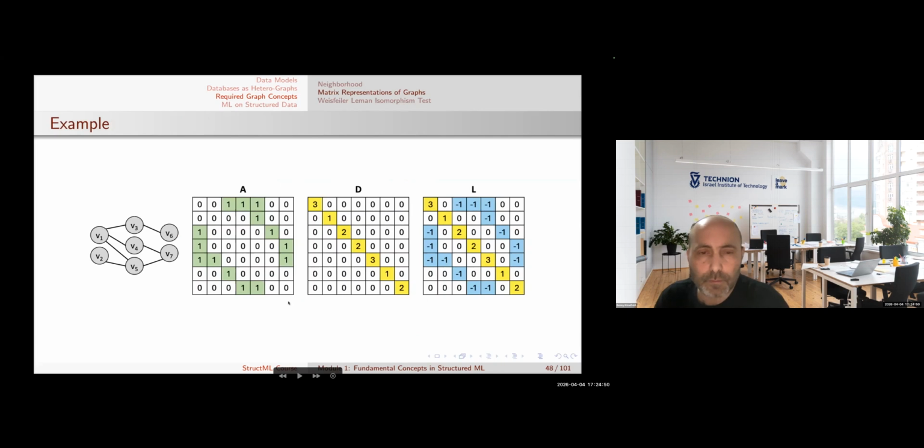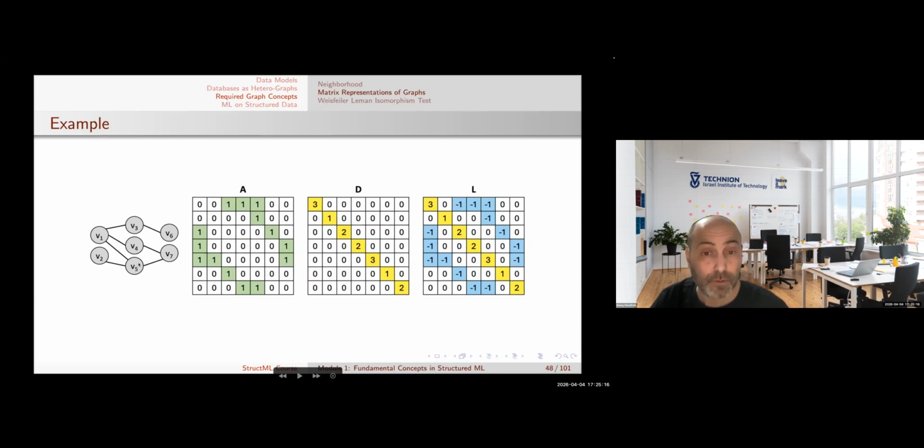Here is an example. We have a graph, and these are the three matrix representations of this graph. For example, v1 has the neighbors v3, v4, and v5. So indeed, we have ones in the entries (1,3), (1,4), and (1,5).